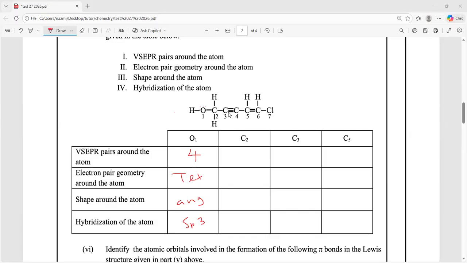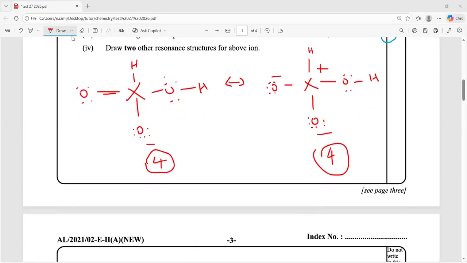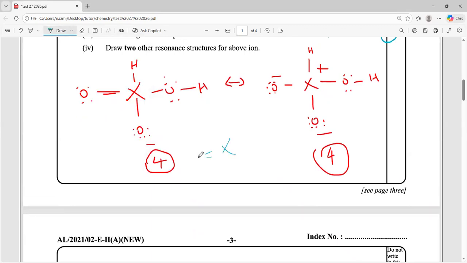Question: is it correct if X has a negative charge and both oxygens have double bonds? Okay, let's look into that. There's another structure where X and both oxygens have double bonds. So now this atom has shared 6 electrons: 1, 2, 3, 4, 5, 6, and then gets a minus charge.